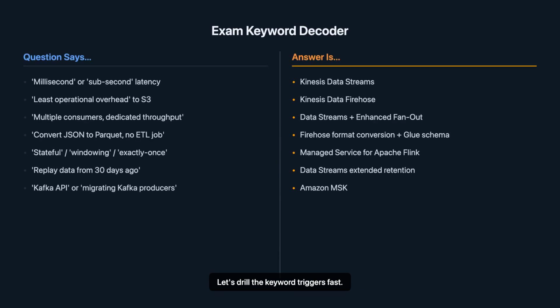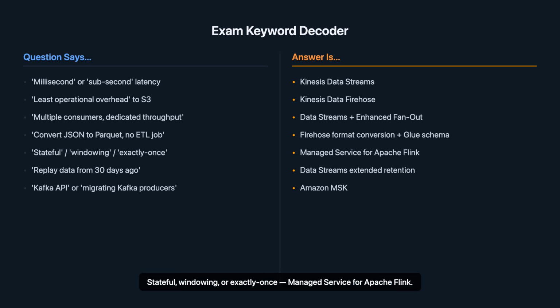Let's drill the keyword triggers fast. Millisecond or sub-second latency: Kinesis Data Streams. Least operational overhead delivering to S3: Firehose. Multiple consumers needing dedicated throughput: Data Streams with enhanced fanout. Convert JSON to Parquet with no separate ETL job: Firehose format conversion with a Glue schema.